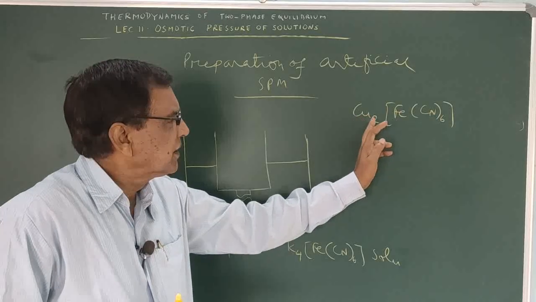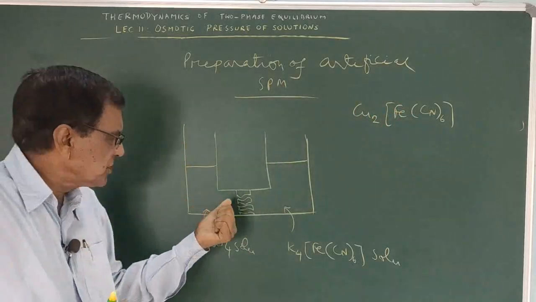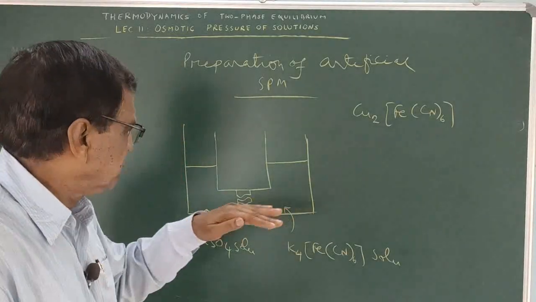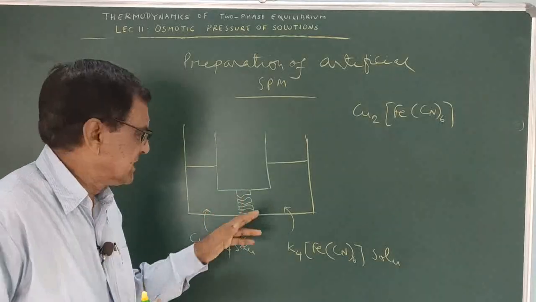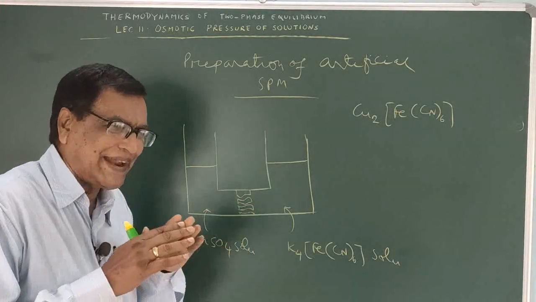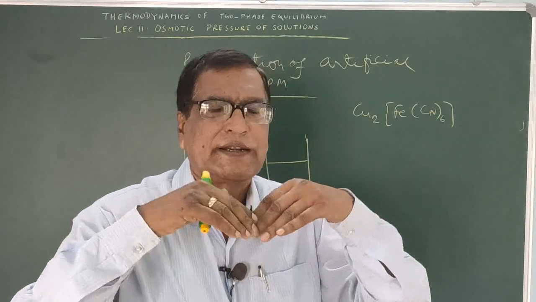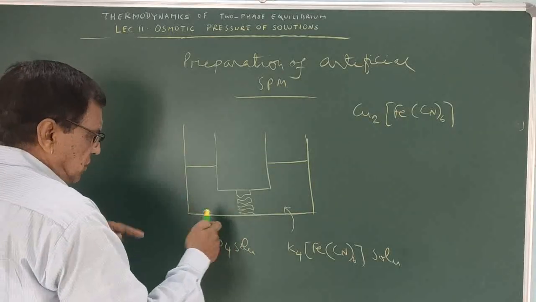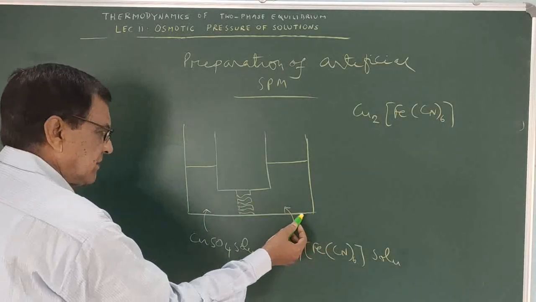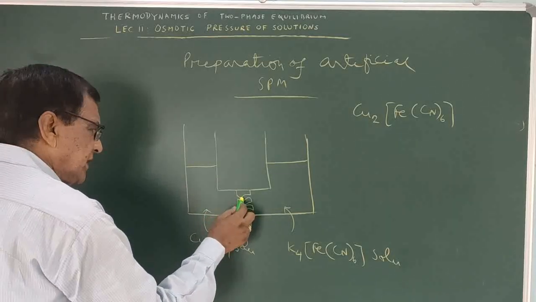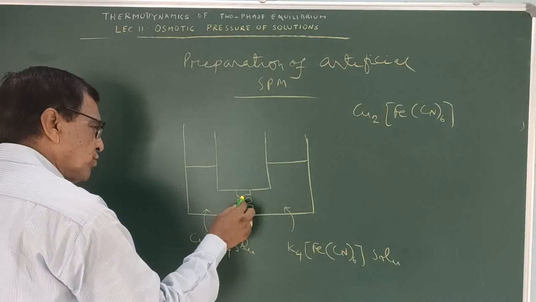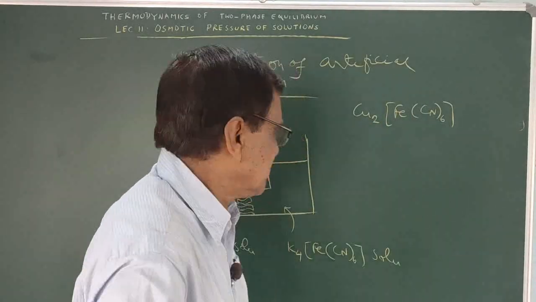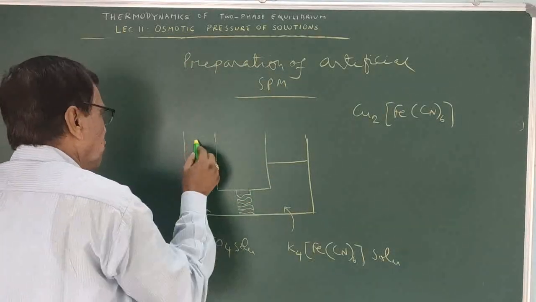Whenever this copper ferrocyanide is deposited on these pore channels and totally blocks them, this block acts as the semi-permeable membrane that can withstand very high pressure. So copper will go this side, ferrocyanide comes this side, and they will meet on these pore channels and form this sort of precipitate.